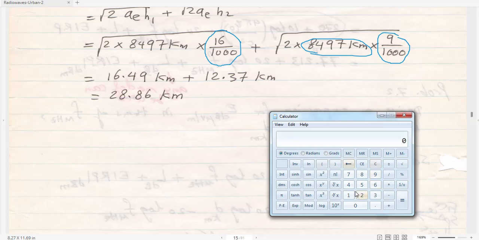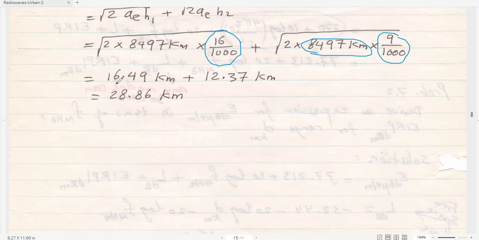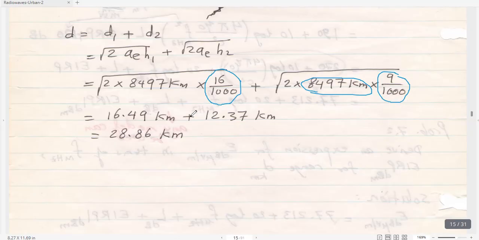The second value is 2 times 8497 times 0.009, which is 9 meters, under square root, and we obtain 12.37. As you can see, you add 16 plus 12, which is 28, and 0.49 plus 0.37 is 0.86 kilometers. So the distance between the ship and the building is around 29 kilometers.